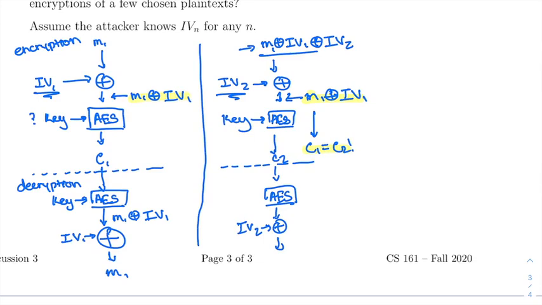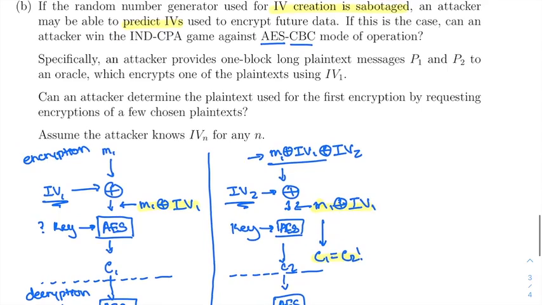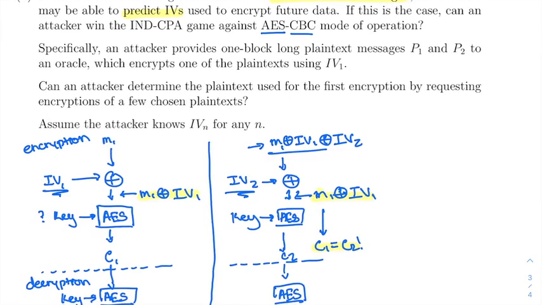So the problem with this is we can now use the plaintext from the first encryption by requesting encryptions of a few chosen plaintexts. This was mentioned in the text right here. Because of this, we can effectively distinguish between what value we passed in.